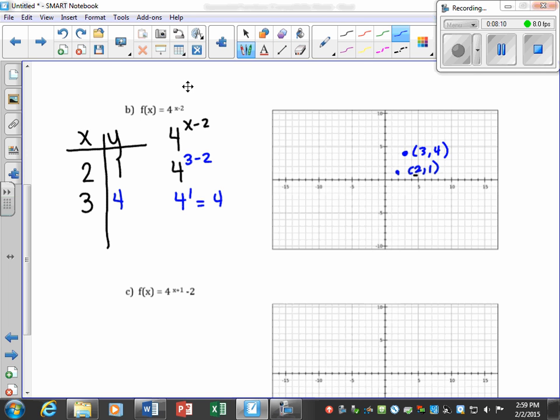Let's just choose 4. We'll keep this simple. So that would be 4 to the 4 minus 2, when I let x equal 4. So that would be 4 to the second power, which is 16. So 4, 16 way up there again.